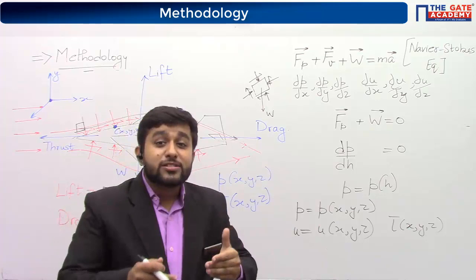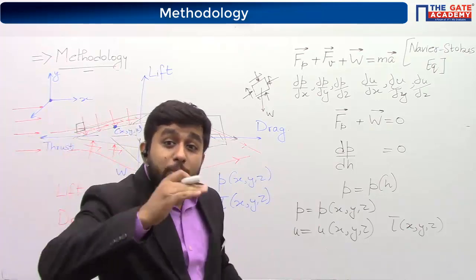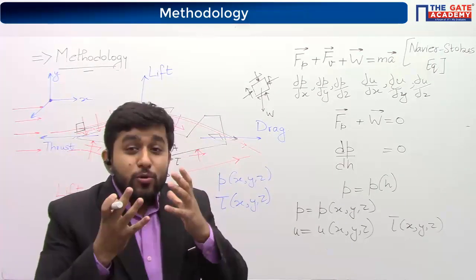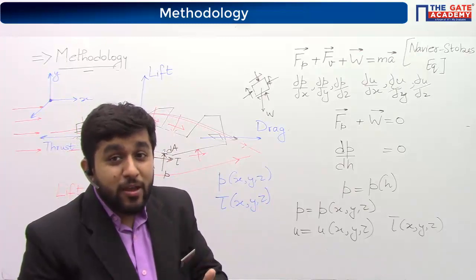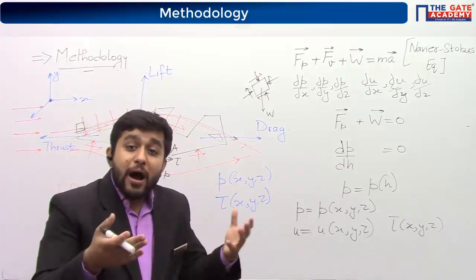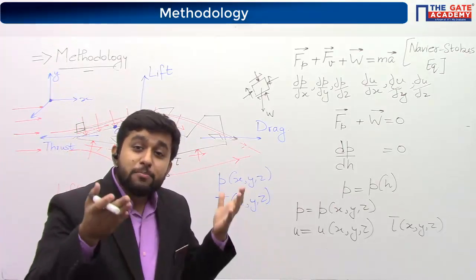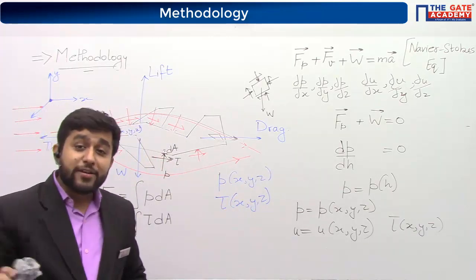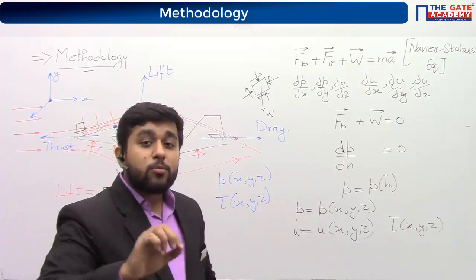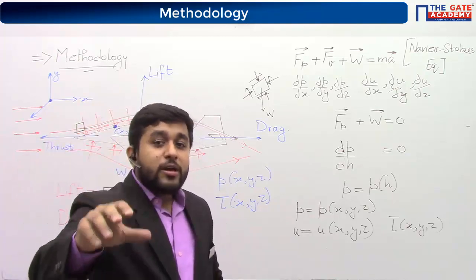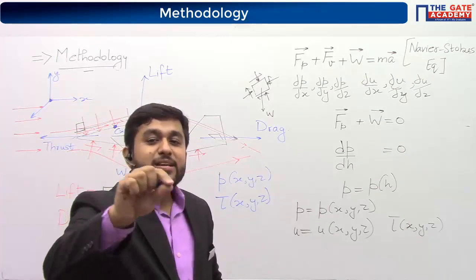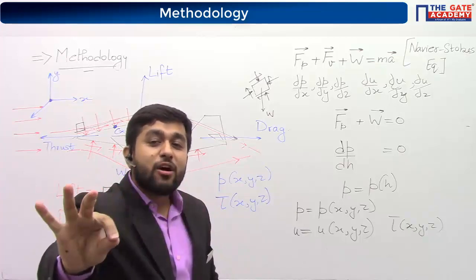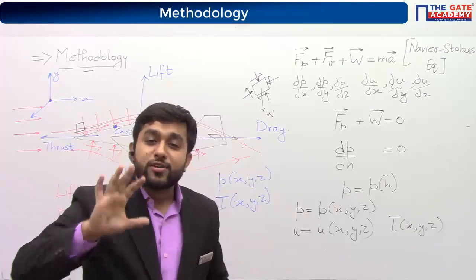So whenever they are asking you pumping power or power generated in a turbine, you have to use the energy conservation principle. And since they will also ask you mass flow rate, you will use the mass conservation principle also. Any problem of fluid mechanics will be solved using 3 principles: mass conservation principle, Newton's second law of motion and energy conservation principle.